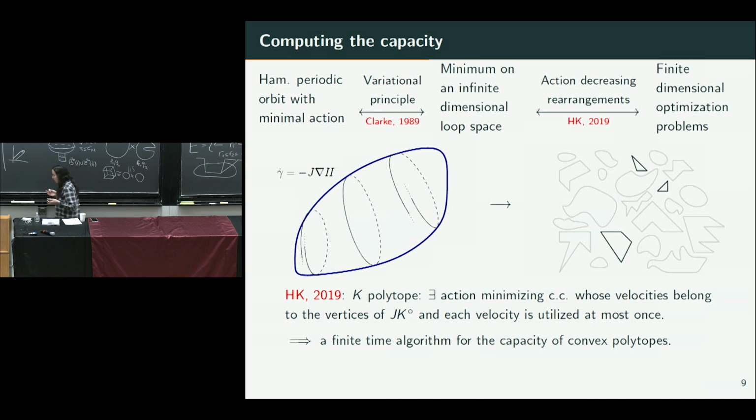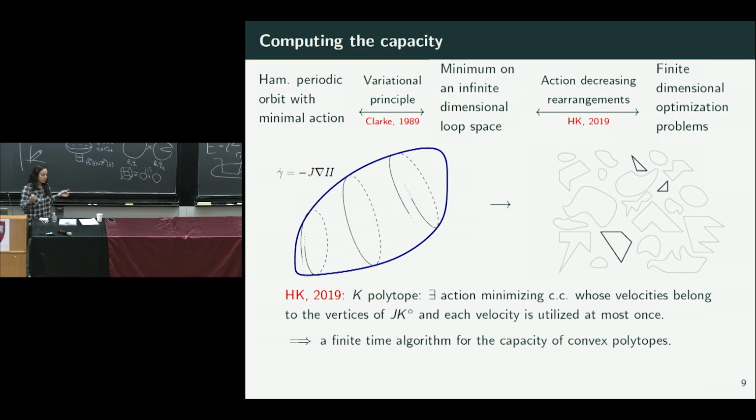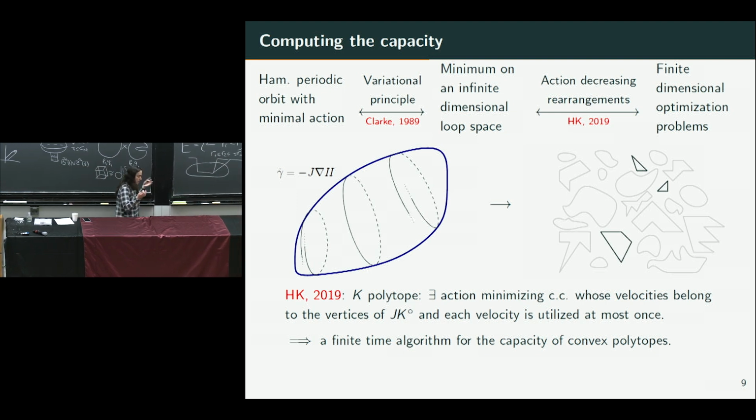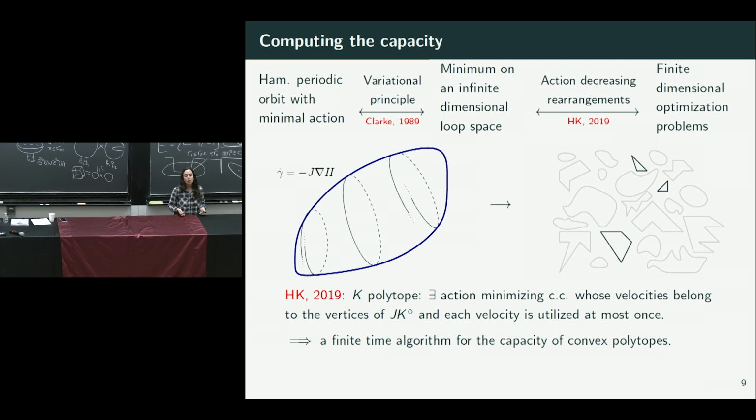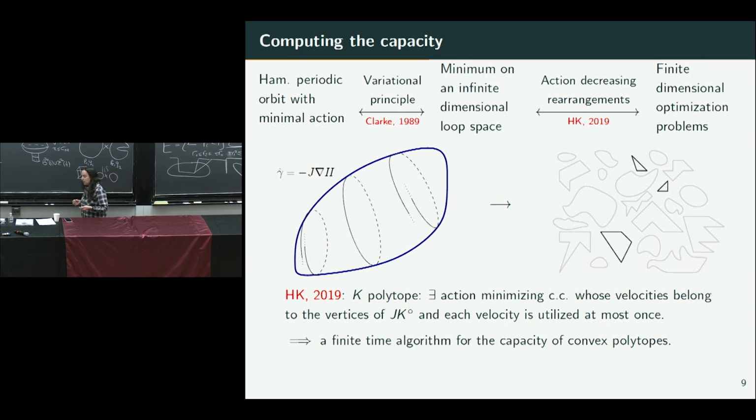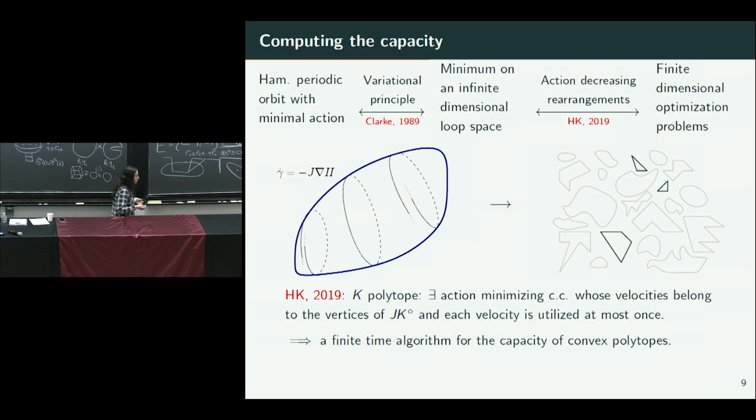So I think this progress allows us to further study capacities and have a better intuition into how this minimal action behaves. And naturally, in view of the Viterbo conjecture, what one does when one has an algorithm to compute is to try and find a counterexample to the conjecture.